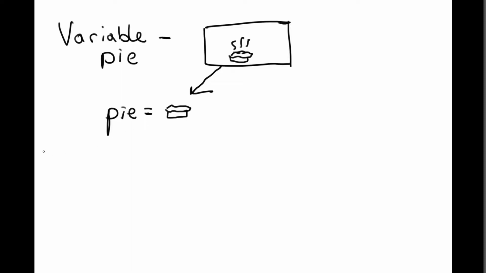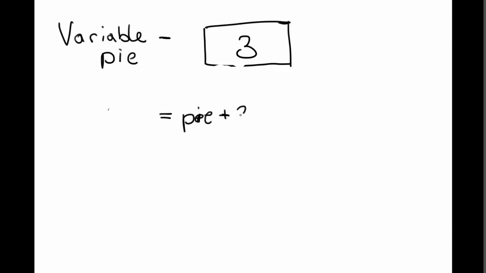So a more realistic version of this is, say you want the variable pi to actually contain a number. We can use this variable pi and contain a number 3 for pi. So whenever we want to get the result of pi plus 3, this word pi is basically a substitute for the number 3. So 3 plus 3, and the answer would be 6.